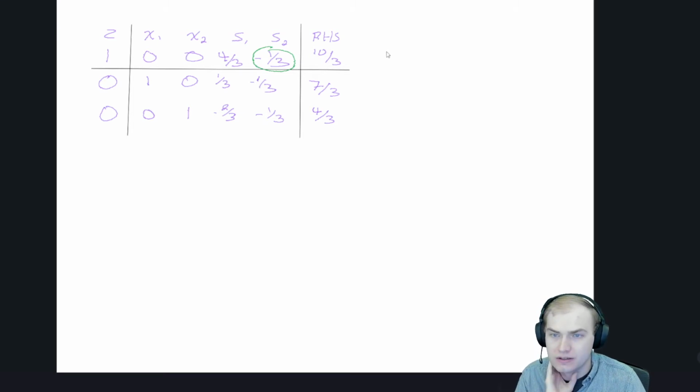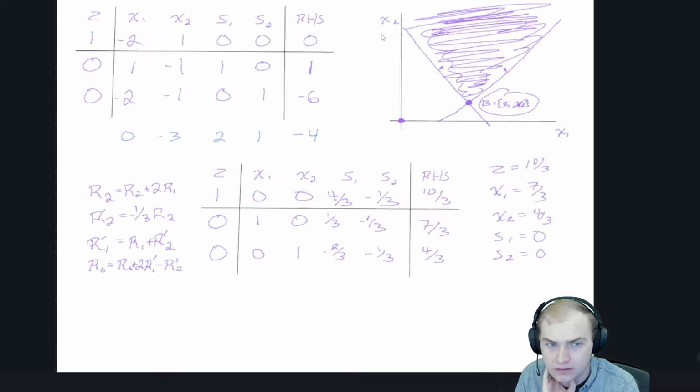Again, in our case, this is the only negative. And bizarrely, that has 2 negative values in it.